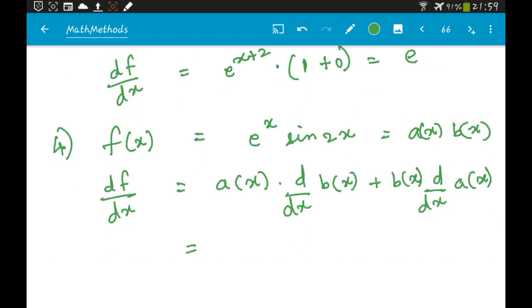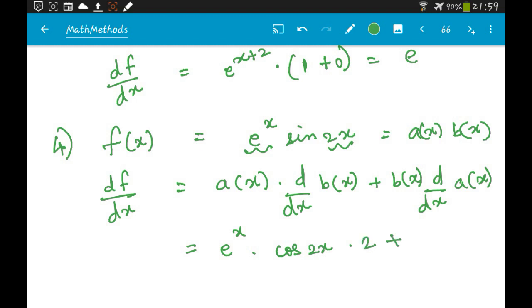So what is a of x? A of x is e power x. So e power x into differentiation of sine 2x, right? So differentiation of sine function is cos. So you will get cos function. Then differentiation of 2x is 2.